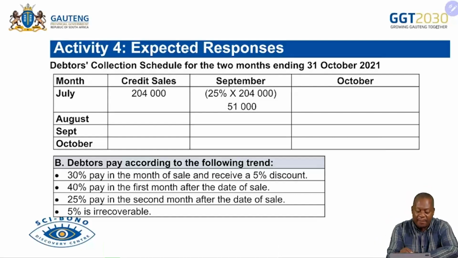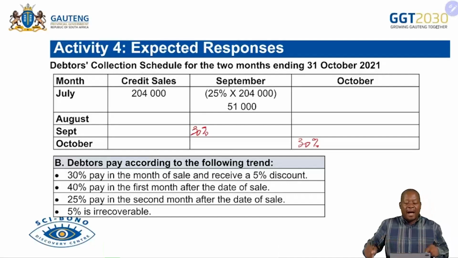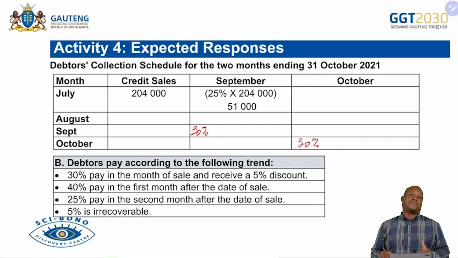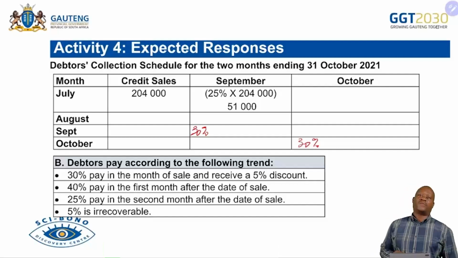So when I am dealing with September, my 30% is here. When I am dealing with October, my 30% is here. Where September and September meet, that's the month of sale. Where October and October meet, that's the month of sale. And remember, there is a discount of 5% there. Straightforward, right?